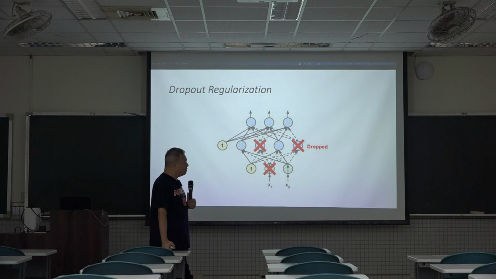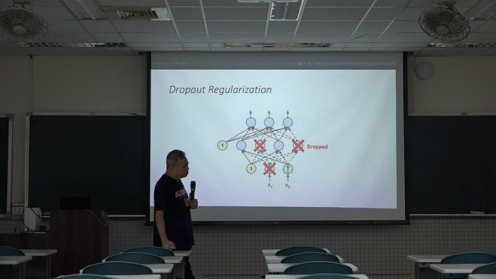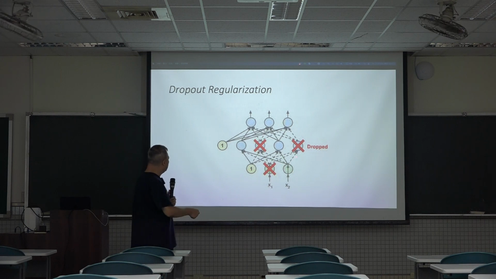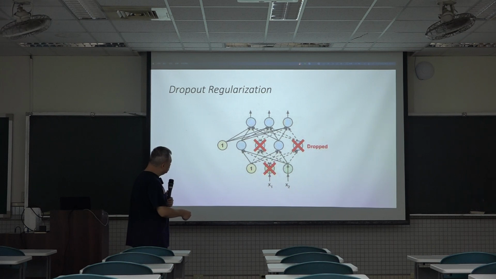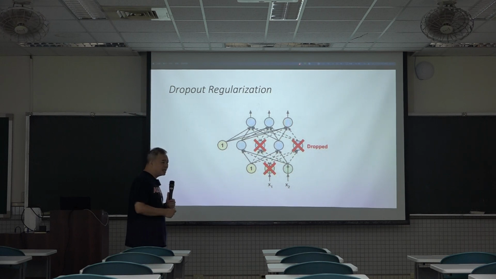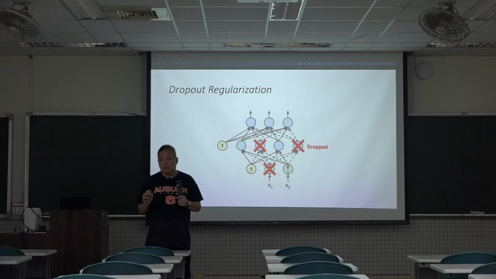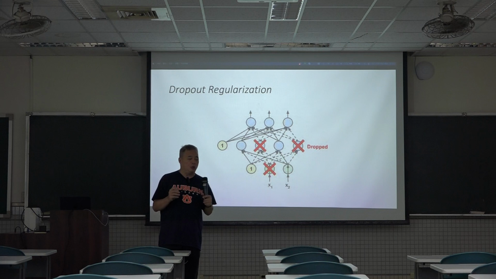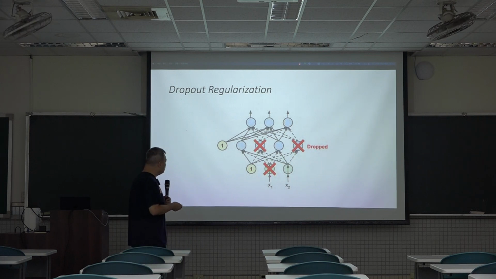If you ask me, this dropout rate is maybe set to 50%, 0.5. When a neuron stops participating in this iteration, of course, all the associated connections are not activated either. This is something you need to know.